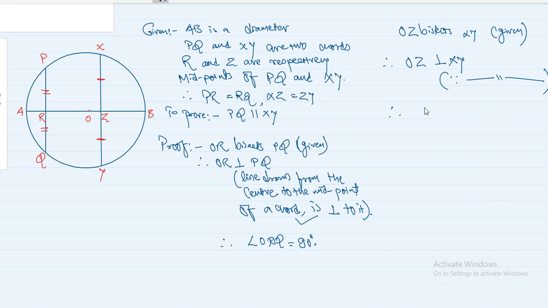Therefore angle OZX is equal to 90 degrees. Now we can say that PQ is parallel to XY, since co-interior angles, that is ORQ and OZX, are supplementary.